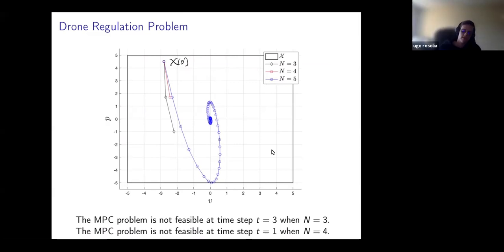Yes, so what's happening is that the controller, for instance, let's say this was x0, this was x1, and this was x2. So at time t equal to 2, the system reached this state, x at time 2, and now we are trying to solve our finite time optimal control problem with a batch approach.